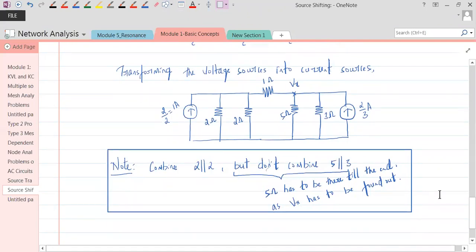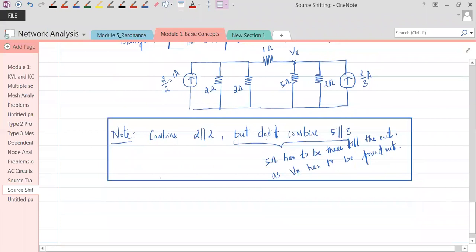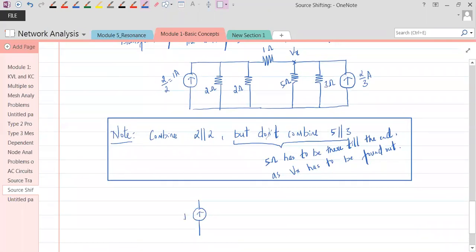Fine. So what we'll do is this. Everybody just take it down. So this 1 ampere would anyways be there with current flowing upwards. This is 1 amp. Fine. So this 2 and 2 ohms in parallel, 2 parallel 2, would become 1 ohm. Fine.